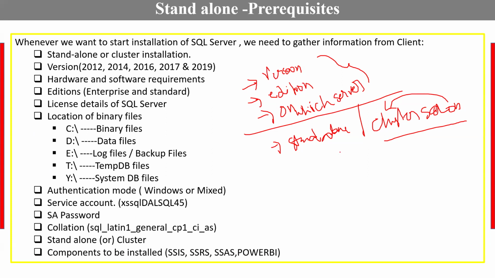So once you know which server, which version, and which edition you need to install, the next information you need to get is what installation I need to do, whether standalone installation or cluster installation. As of now, keep the cluster installation aside, sir. We are not discussing that one. We are going for standalone installation. Make sense, everyone? Clear?